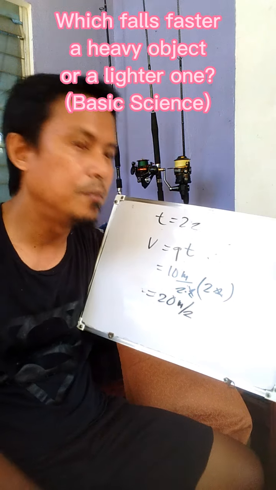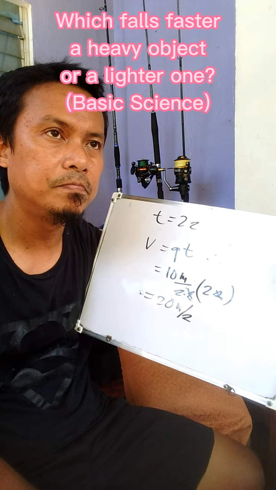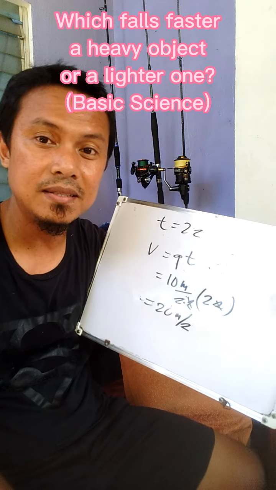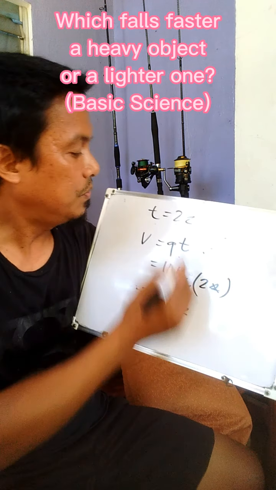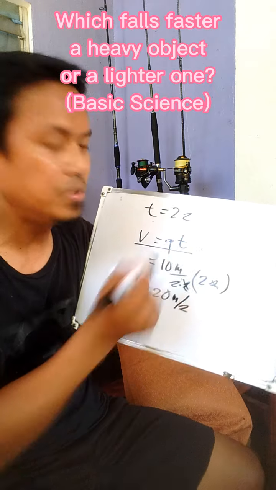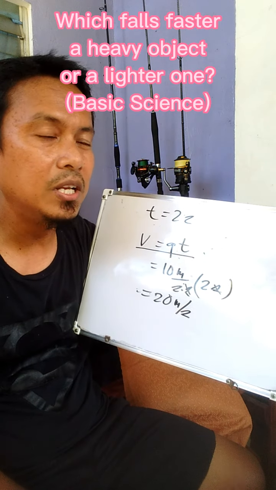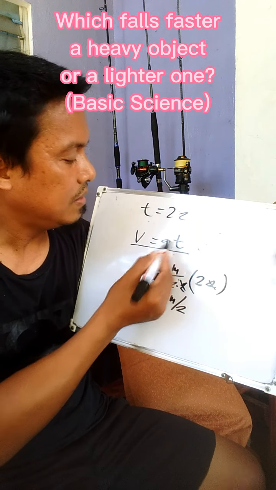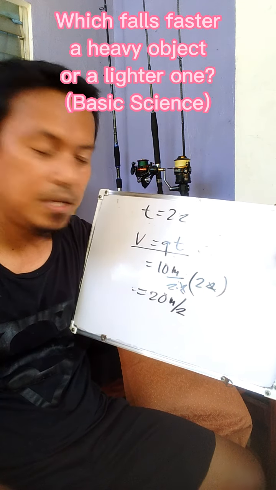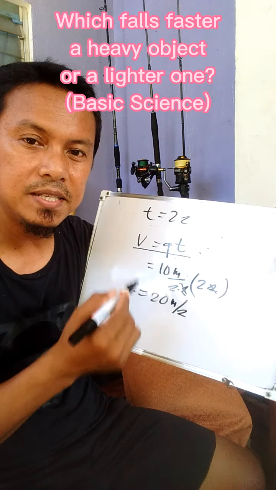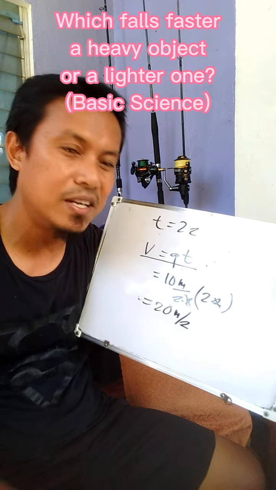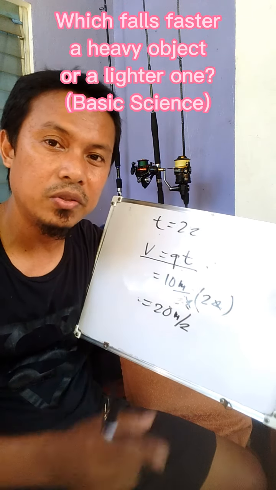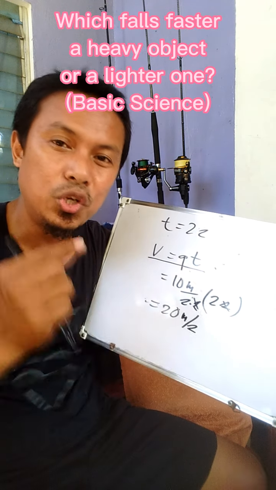So for example, if they reach the ground after 5 seconds, substitute again the value of time, 5 seconds, so you have 10 times 5, which is 50 meters per second. That is the final velocity of, for example, both the sabiki cloth and the metallic lure.